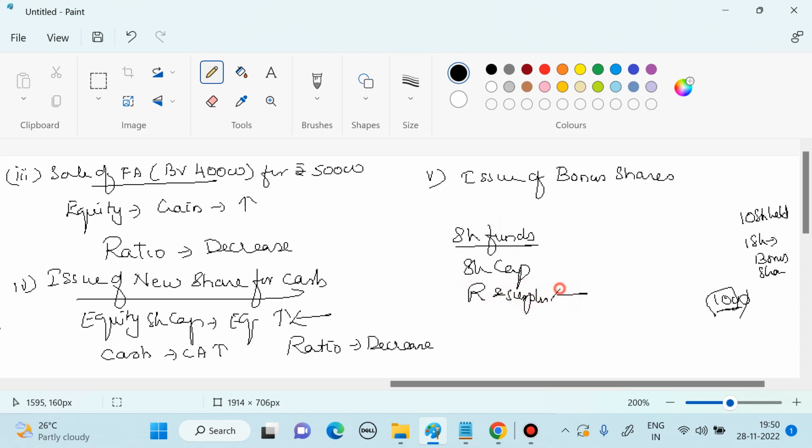From the reserves and surplus, they take out an amount and convert it into a certain number of shares, which is given to the people as bonus shares. So money is not going out, but still they're sharing the prosperity with the shareholders. Got it?